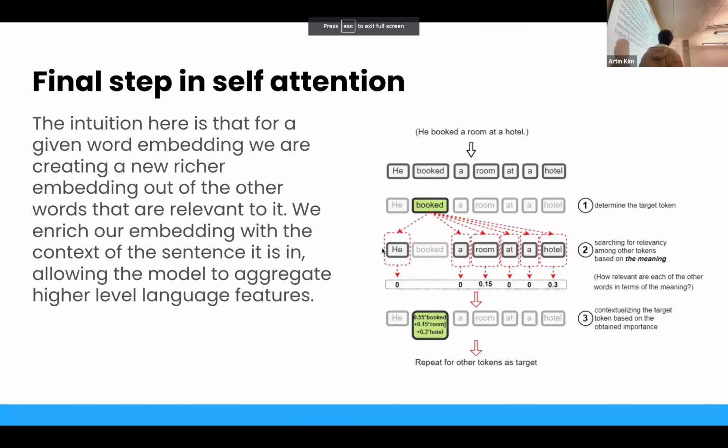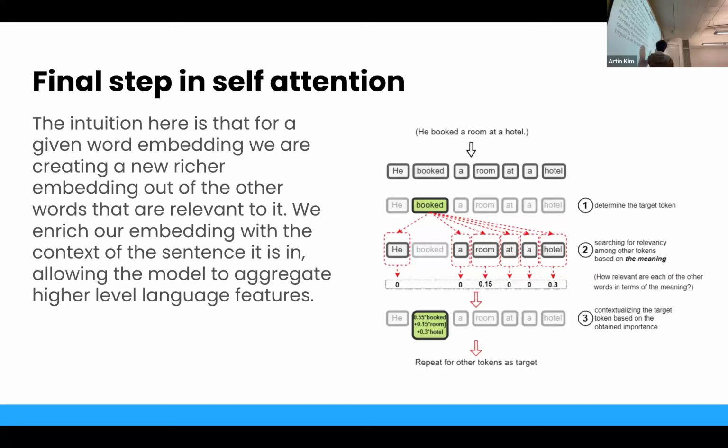Yeah. So the idea is, there are a lot of processes, and it's very algorithmic, but the intuition here is that this is not just a word, it's a vector with meaning, and we're trying to turn that into a newer vector that captures the meaning of the sentence around it.